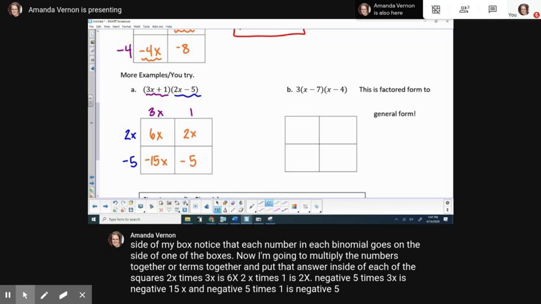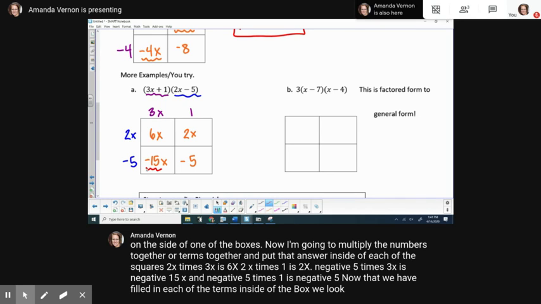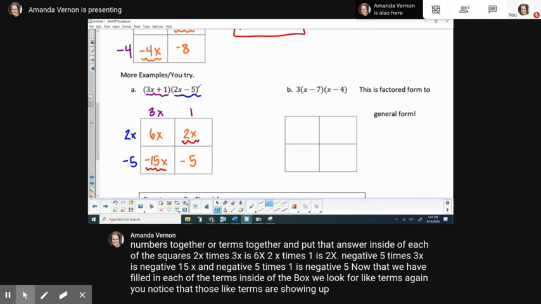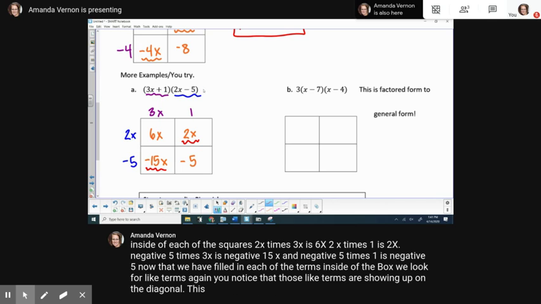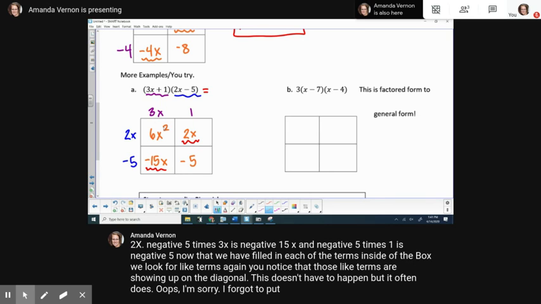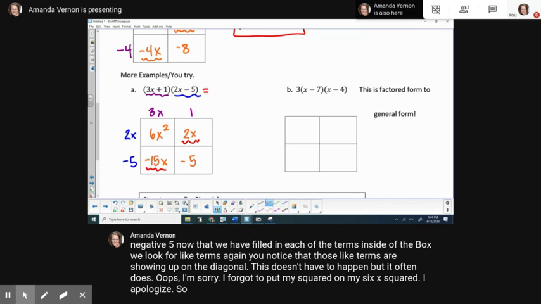Now that we have filled in each of the terms inside of the box, we look for like terms. Again, you notice that those like terms are showing up on the diagonal. This doesn't have to happen, but it often does. Oops, I'm sorry, I forgot to put my squared on my 6x squared. I apologize. So now that we've corrected that, let's go ahead and write our answer.